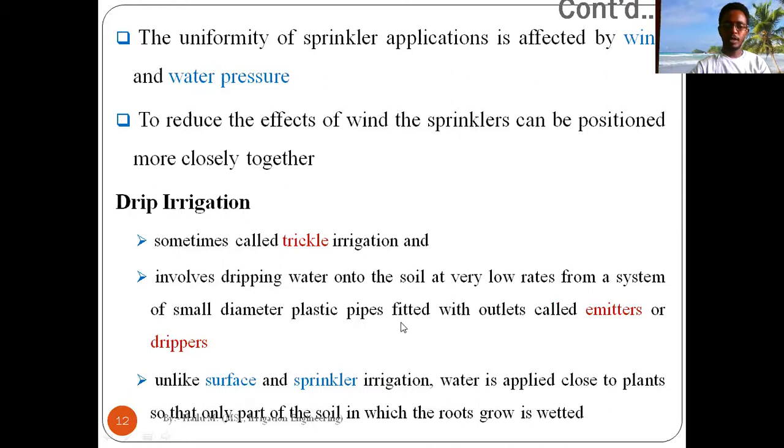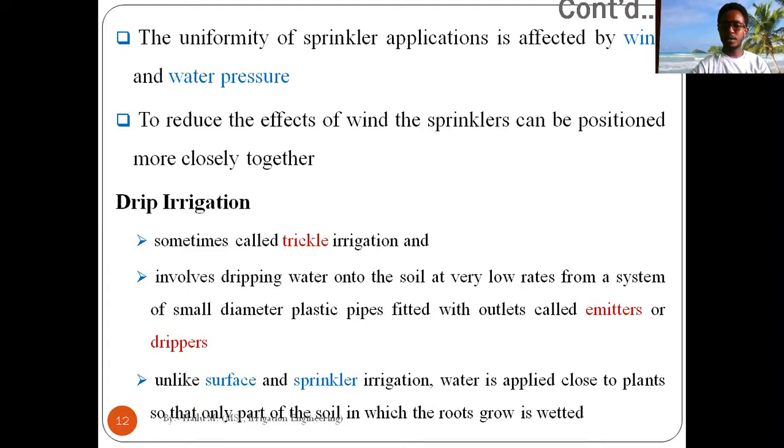So when you say drip irrigation, it's like dosing of water into the crop root zone. This type of irrigation method is used where there is water scarcity, and there are no losses of water in this method because the water is directly added to the crop root zone.